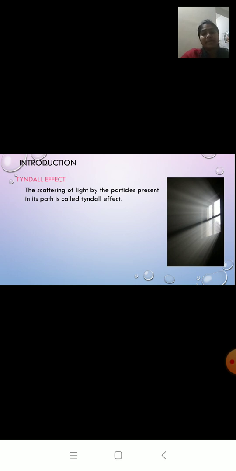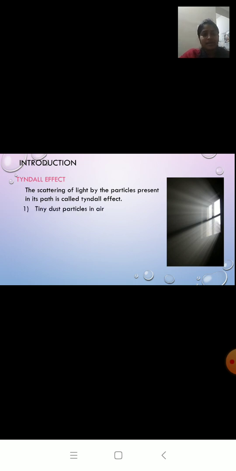So as they take a wider area, the path taken by the light ray becomes visible, and that is what you see. And this effect, the scattering of light, is called the Tyndall effect. So the scattering of light by the particles present in its path is called Tyndall effect.